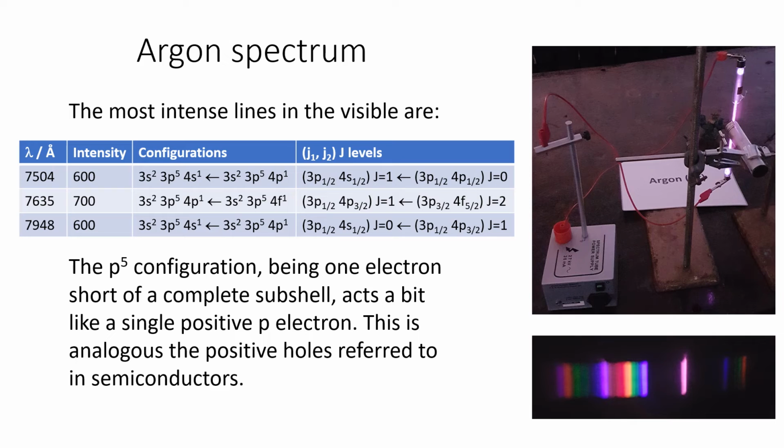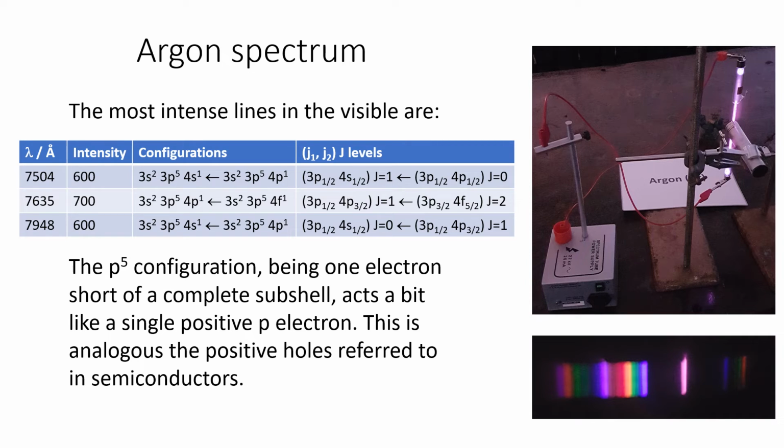And one thing which I didn't quite get as far as saying last time is this business of the p5 configuration. I mentioned before there's an uncoupled electron, but strictly speaking, when you look at the configuration as a whole, a slightly more helpful shortcut is, rather than considering all 5 electrons coupling with each other to a resultant, you can treat it as if it's got a positive hole in an otherwise full subshell.